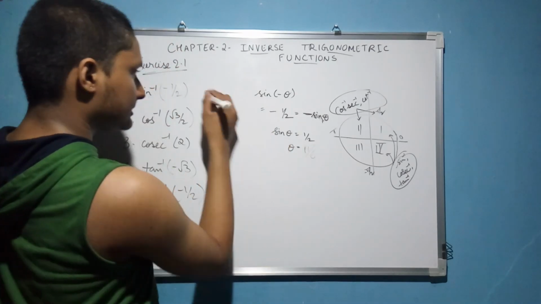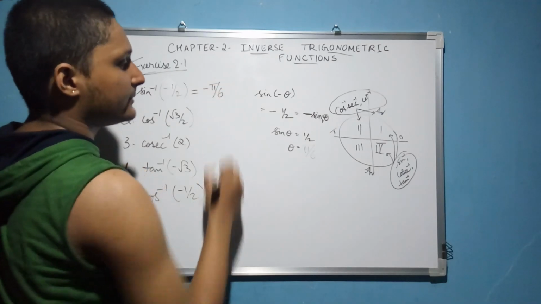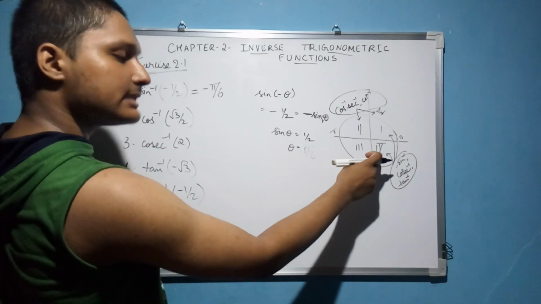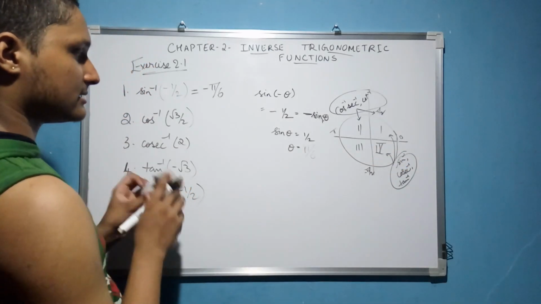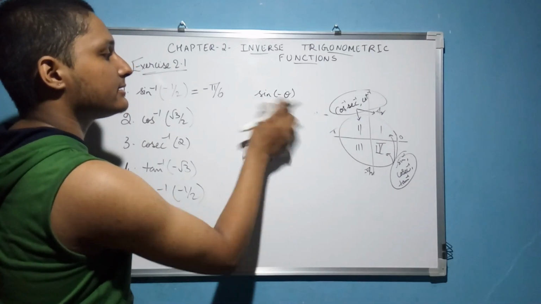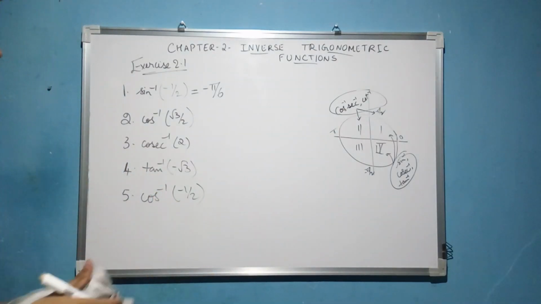But it has a minus sign, so we need to just put a minus sign and write it as minus pi by 6, because it belongs to the fourth quadrant where sine, cosec and tan are negative. Therefore, you'll get a negative theta only for sine, cosec and tan inverse functions.